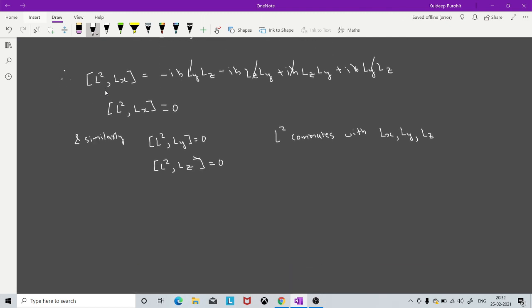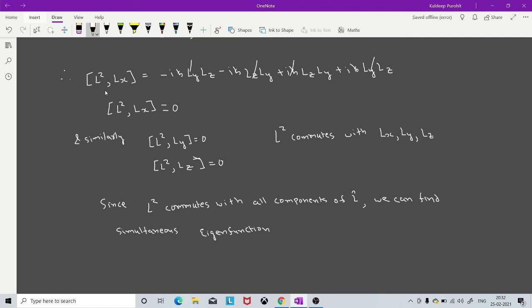So since L square commutes with all components of L, we can find simultaneous eigenfunctions or a complete set of eigenfunctions.